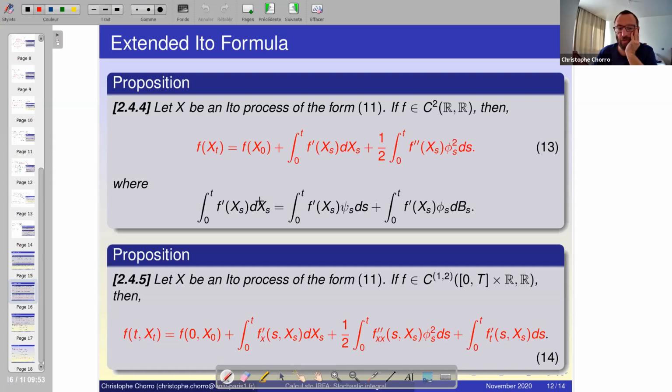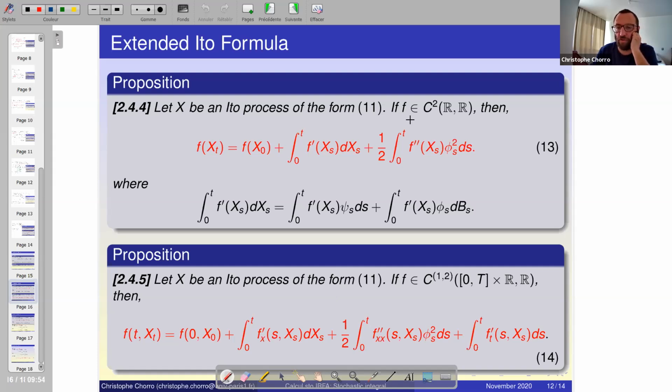I have the Ito formulas, so the one I have stated previously, the same. The only thing that is different here is that now I have exactly the same formulas in the case where f depends only on x, or in the case where f depends on the time and on x.